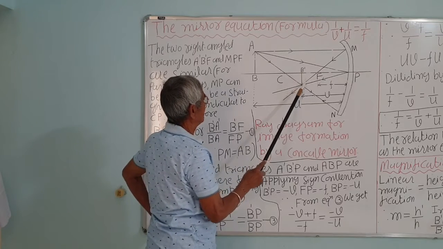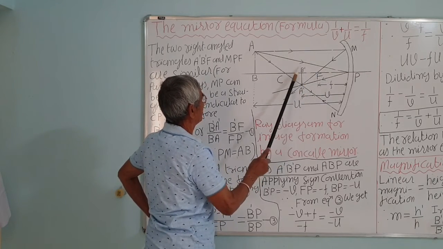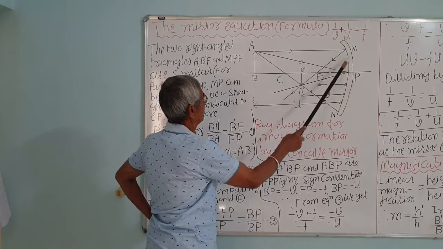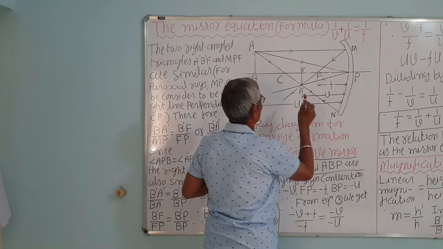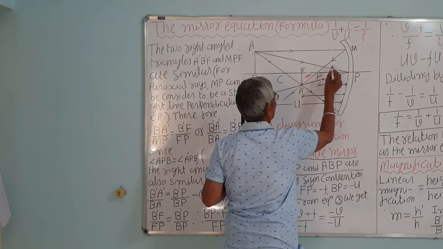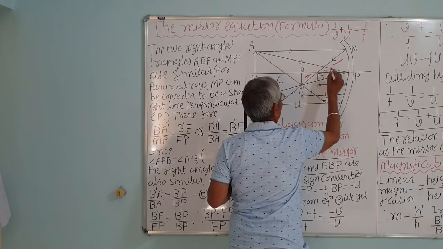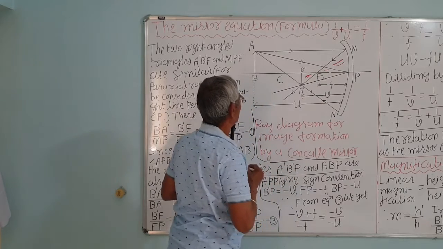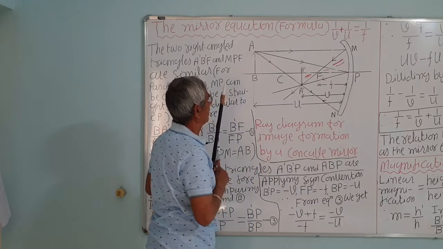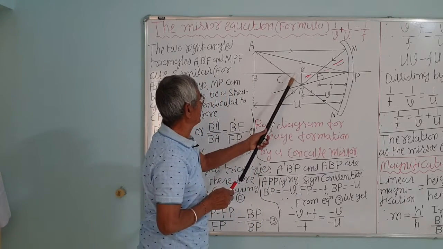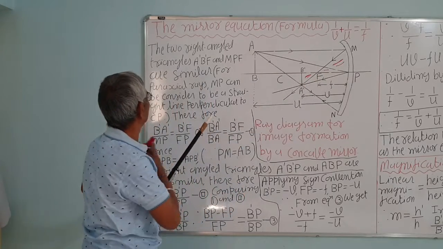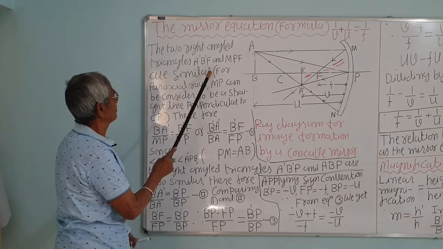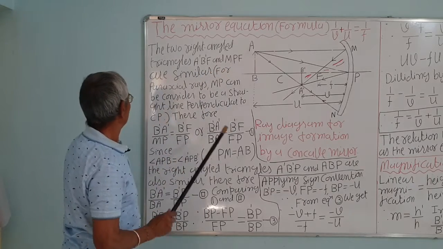Consider B dash A dash F and MPF, this angle and this angle, that is, this angle and this angle. A dash B dash F and MPF, correct?